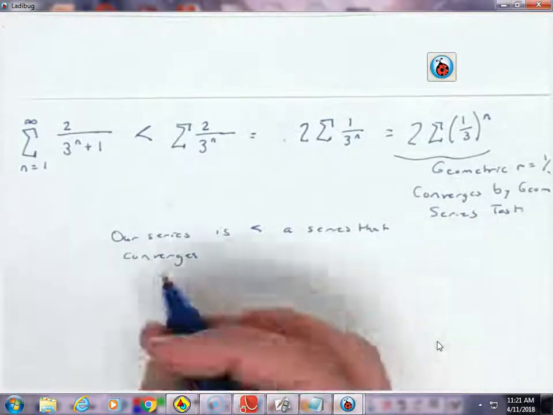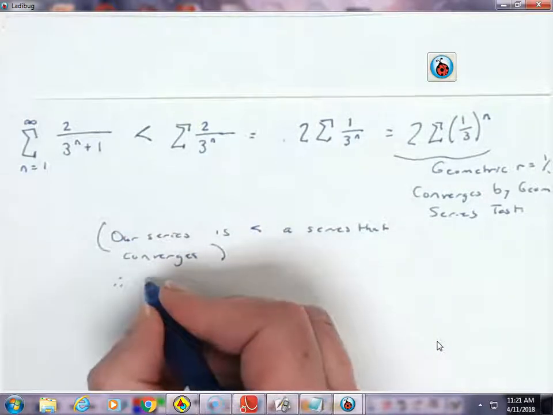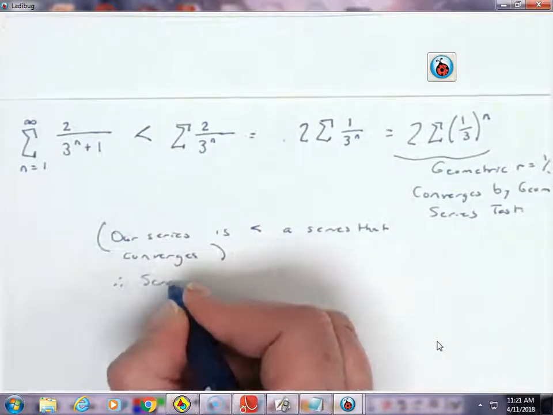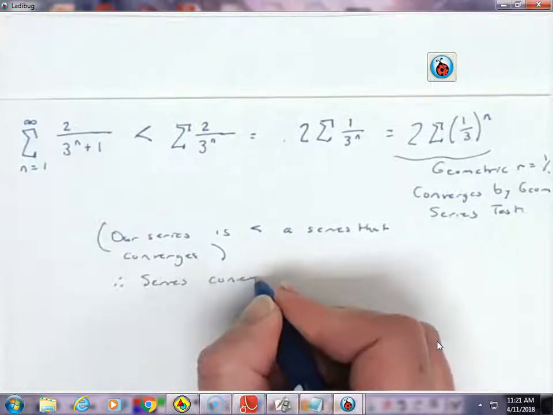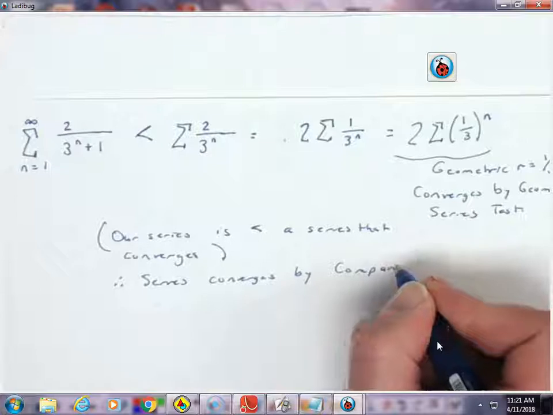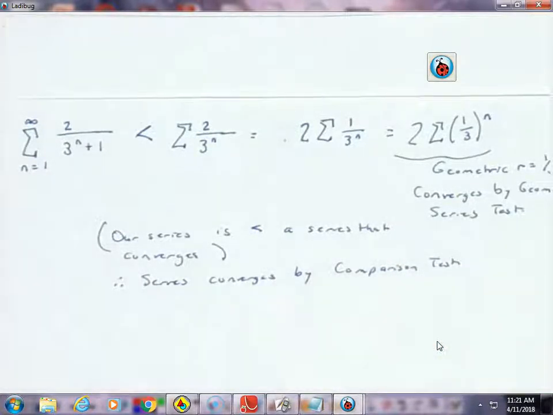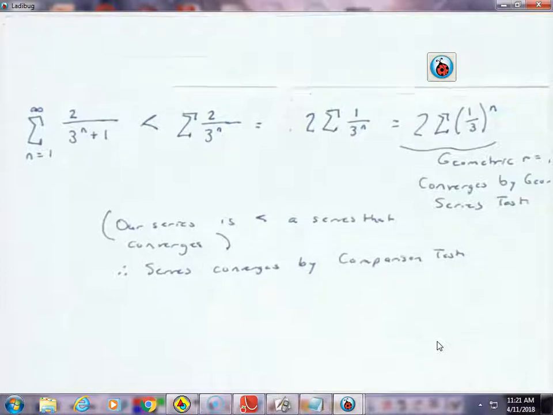And so all you have to say is, therefore, the series converges by the comparison test. If you are smaller than a series that converges, you're also going to converge. If you're bigger than a series that diverges, you're also going to diverge. Anything else would not be helpful, and you would have to move on to the limit comparison test.